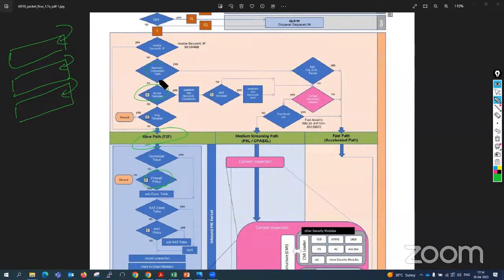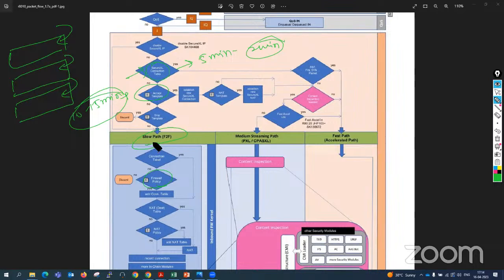If the session table entry is not there, because this session table entry will last for a very short time, maybe 5 minutes or maybe 2 minutes, right? But this accept template will remain for at least 10 to 15 minutes. So if my connection table entry is flushed, the traffic should not go again to the slow path.